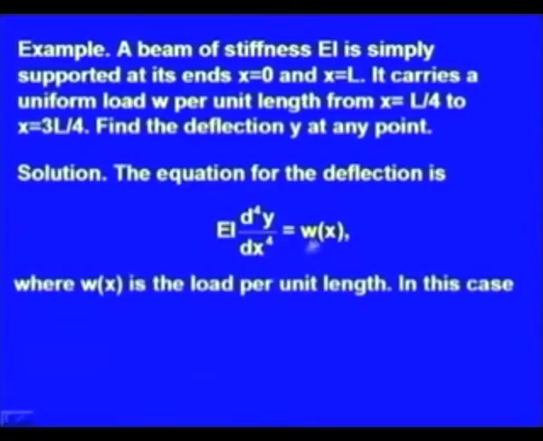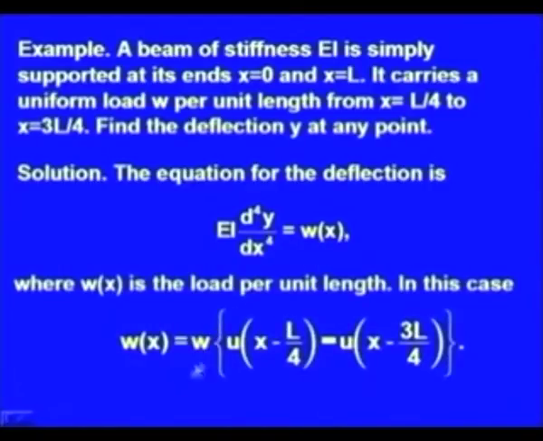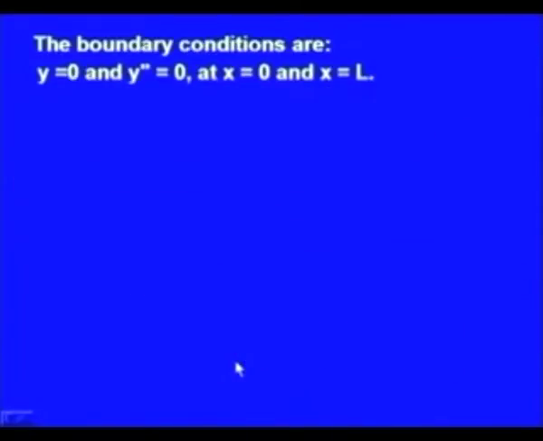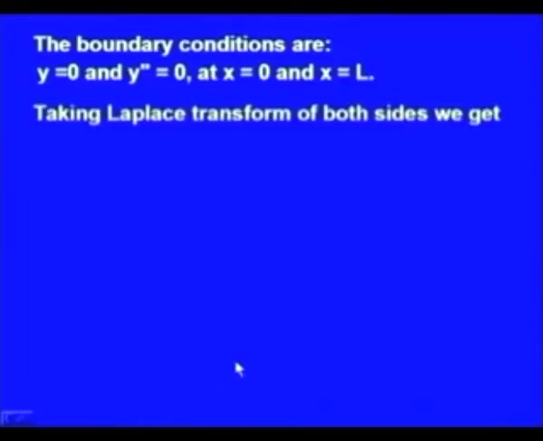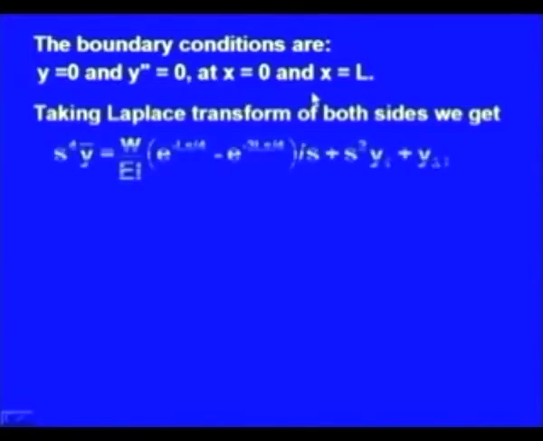So, W(x), the right hand side of this equation, will be equal to W times u(x minus L by 4) minus u(x minus 3L by 4). The boundary conditions, because the beam is simply supported at both its ends, are y equal to 0 and y double dash equal to 0 at x equal to 0 and x equal to L.